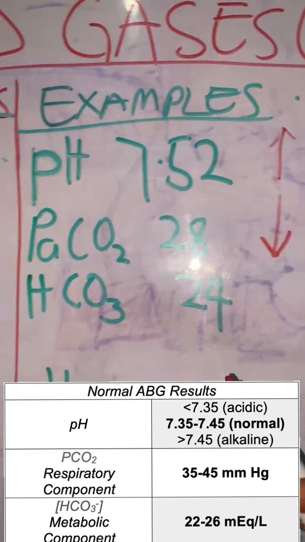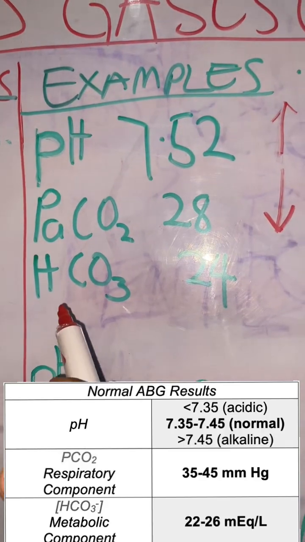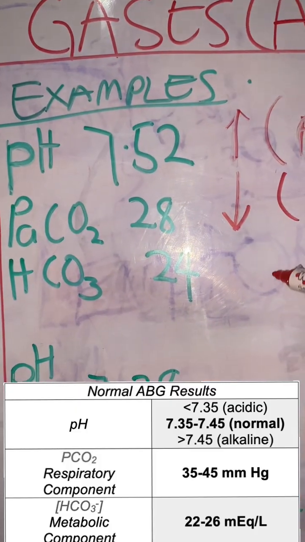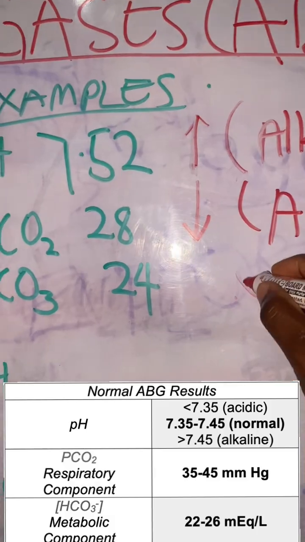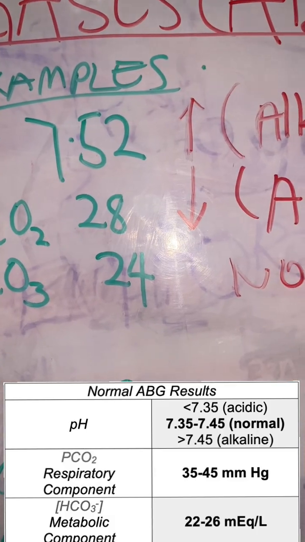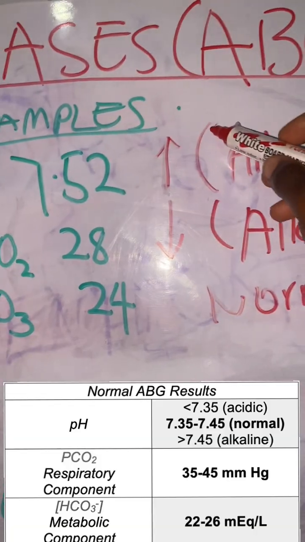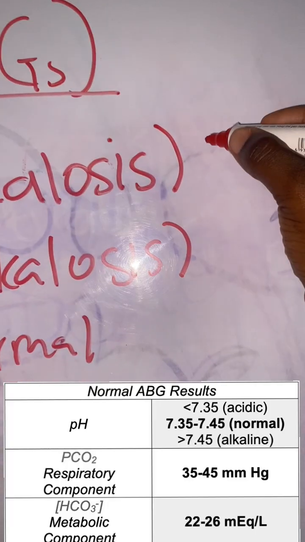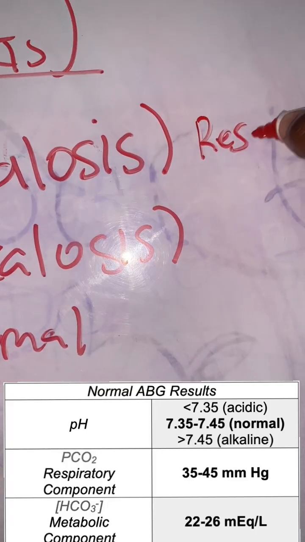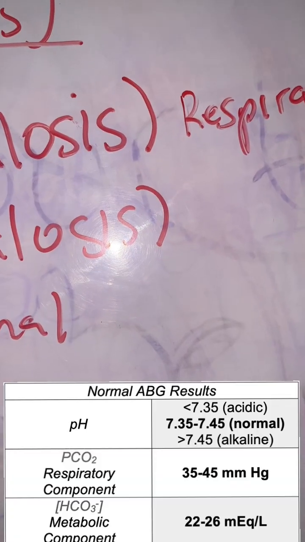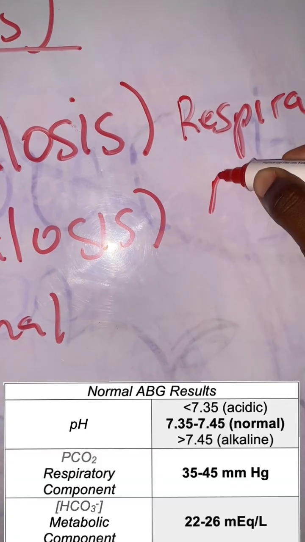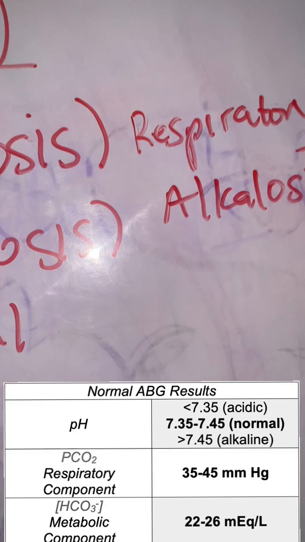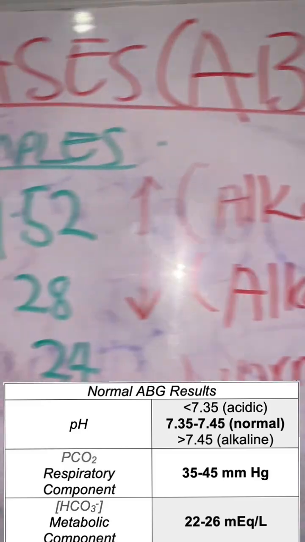The bicarb is 24, which is normal. Putting this together, we have what we call respiratory alkalosis. That is for the first one.